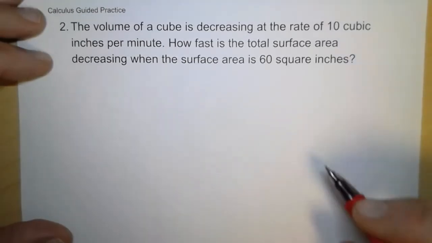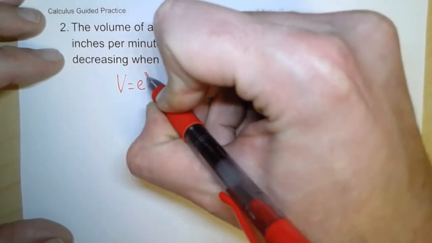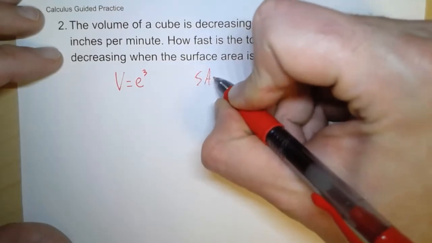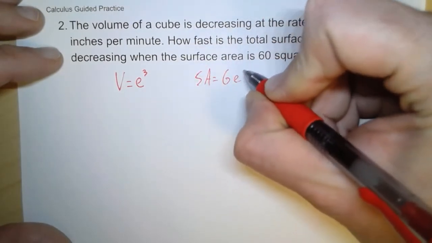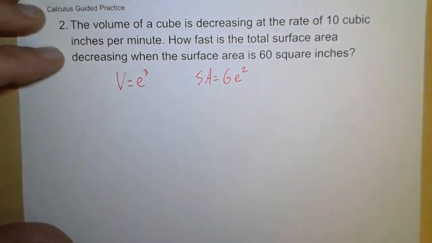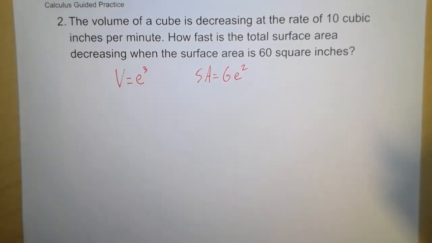Those are two different formulas. The volume of a cube is equal to the edge cubed. And the surface area is equal to 6 times the edge squared, because there are 6 faces, each in the shape of a square on a cube.